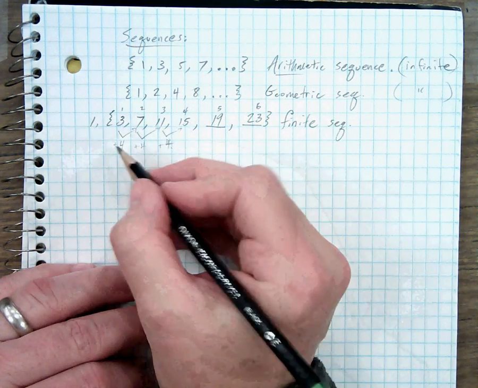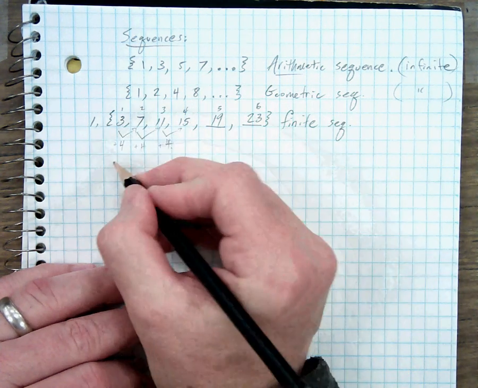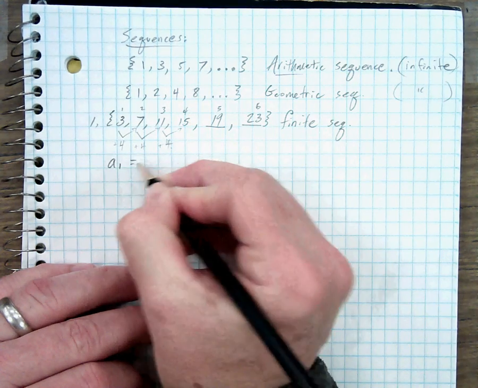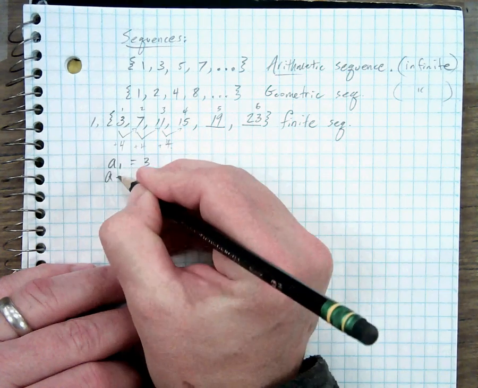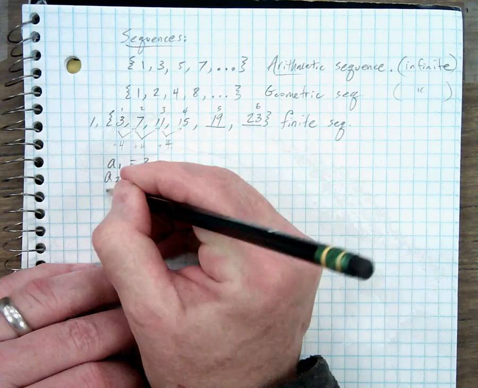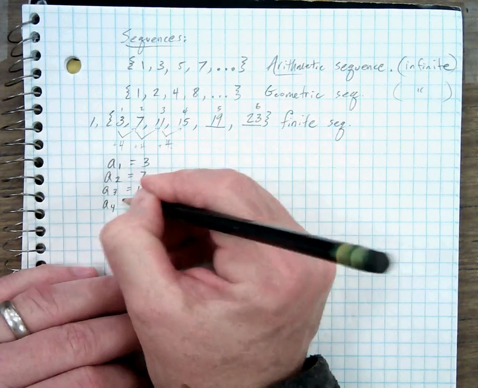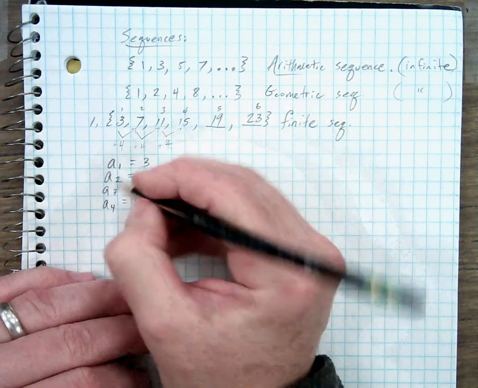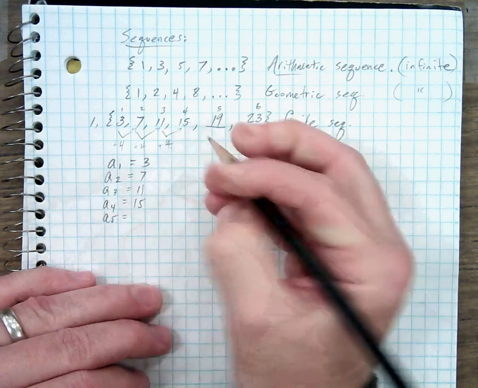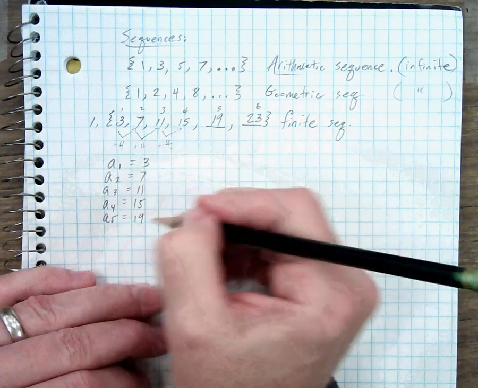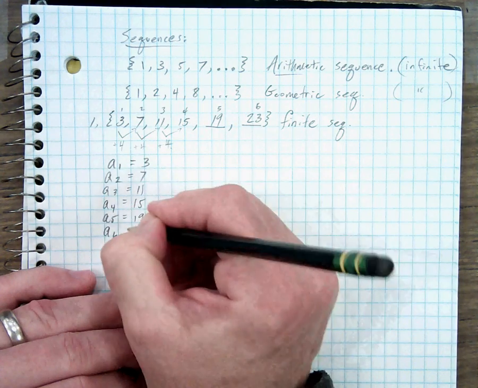So for this same sequence, we might say a sub 1 is 3, a sub 2 is 7, a sub 3 is 11, a sub 4 is 15, a sub 5 is 19, and a sub 6 is 23.